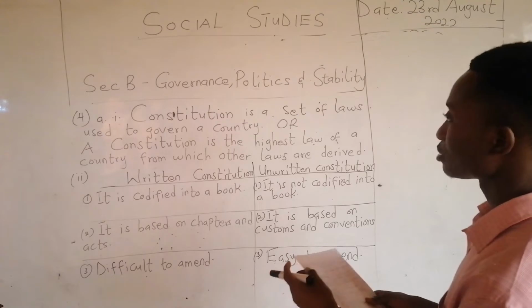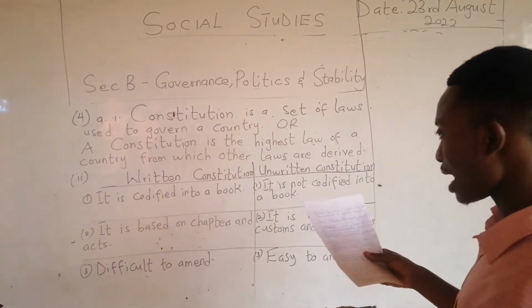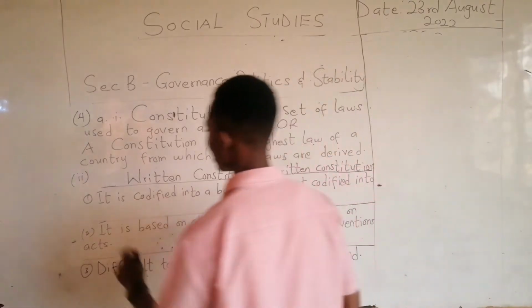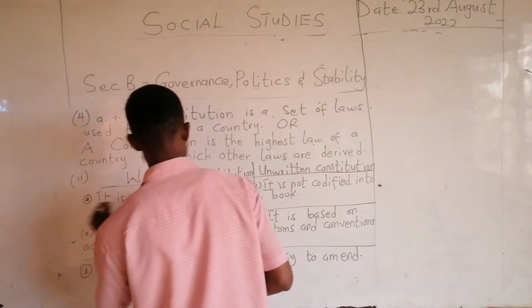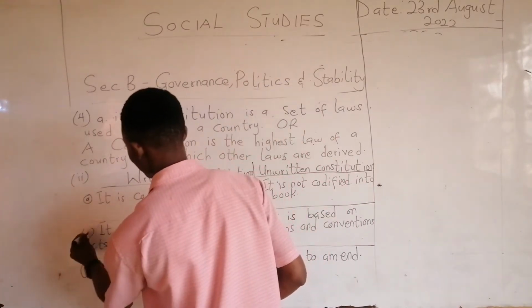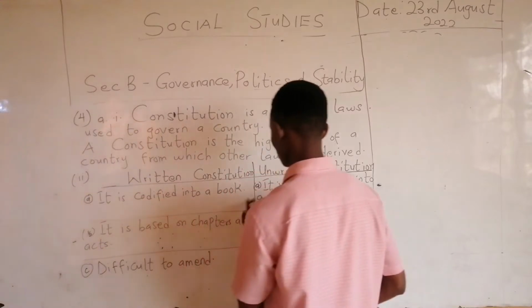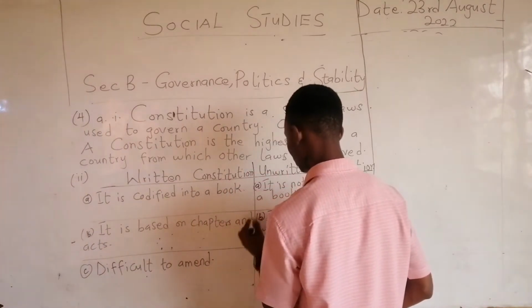So 4B, I think this is key. We should highlight 4 benefits of the Ghanaian constitution. I'm going to use ABC before the use of 1, 2, 3.